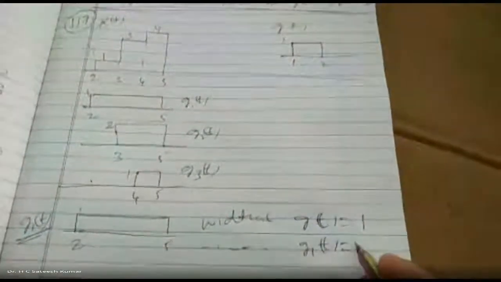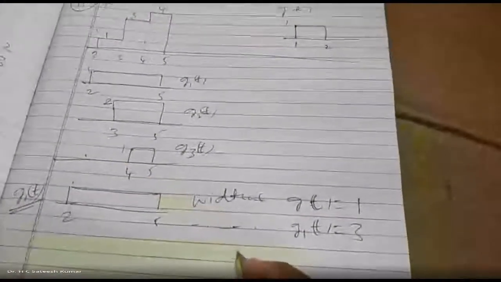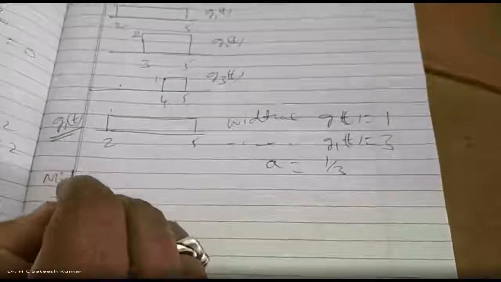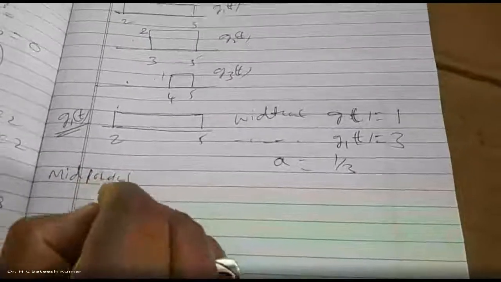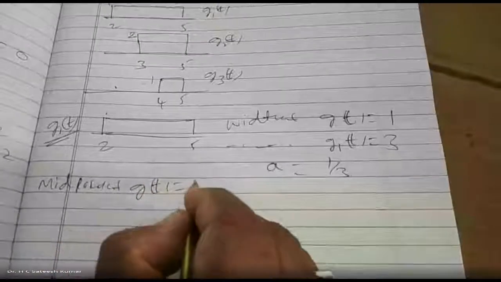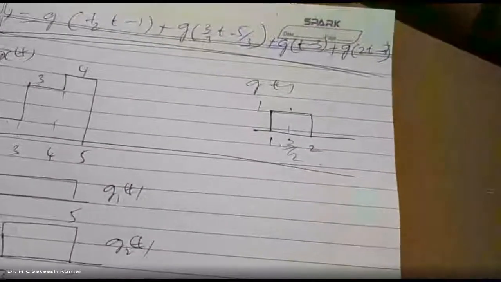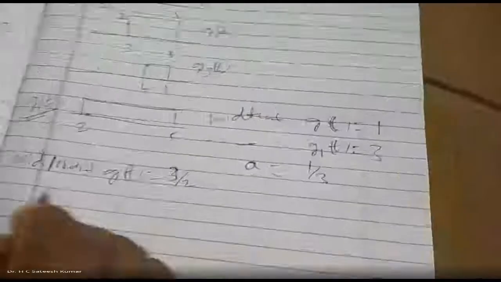Width of G1 of t is 5 minus 2, which is 3. Therefore, A is equal to 1 by 3. The midpoint of G of t is 3 by 2, since it is between these 2 points.